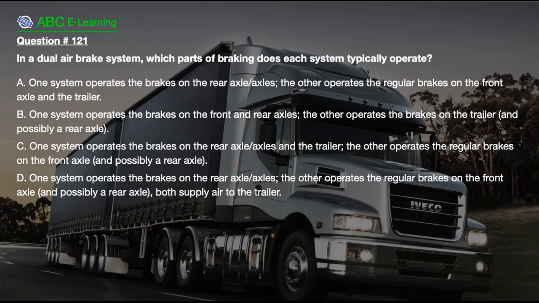C. One system operates the brakes on the rear axles and the trailer. The other operates the regular brakes on the front axle, and possibly a rear axle. D. One system operates the brakes on the rear axles. The other operates the regular brakes on the front axle, and possibly a rear axle. Both supply air to the trailer.